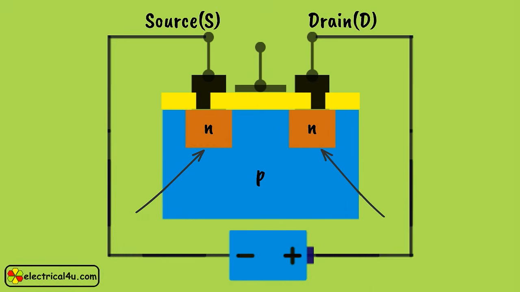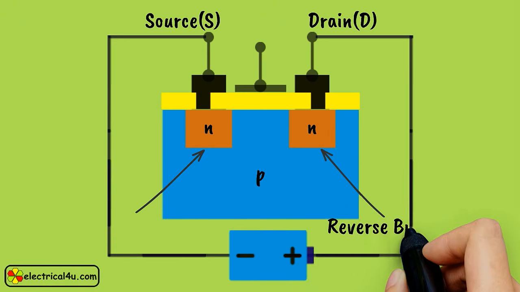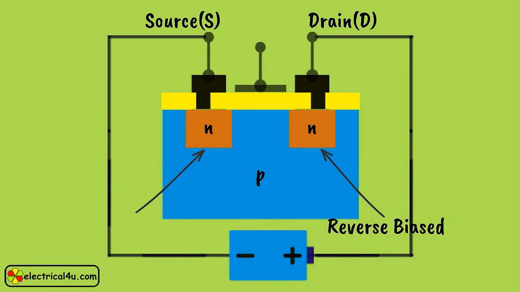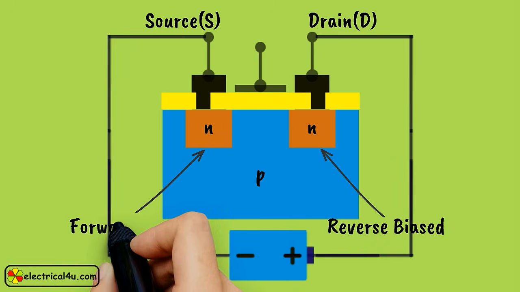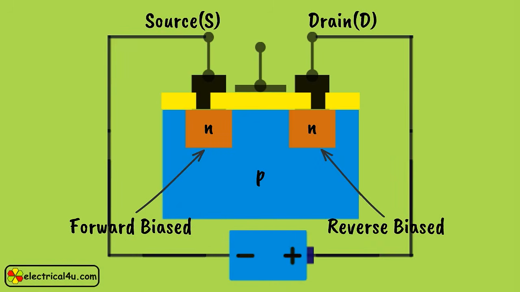As drain is connected with the positive terminal of the source, the drain is at higher voltage than the base. Hence, this PN junction is reverse biased. On the other hand, as source is connected with the negative terminal of the battery, P-type base will be at higher potential than N-type source. Hence, this PN junction is forward biased.